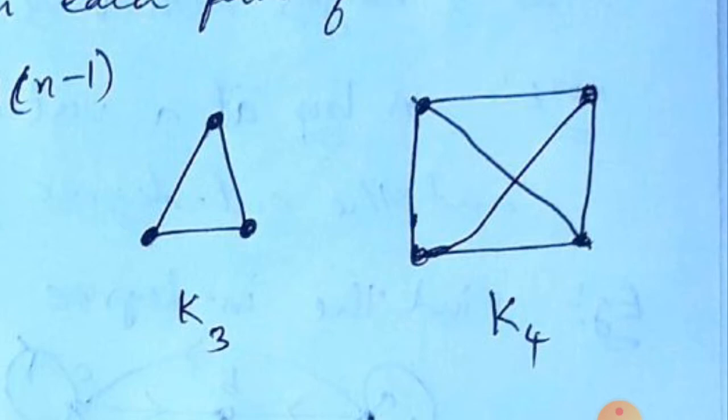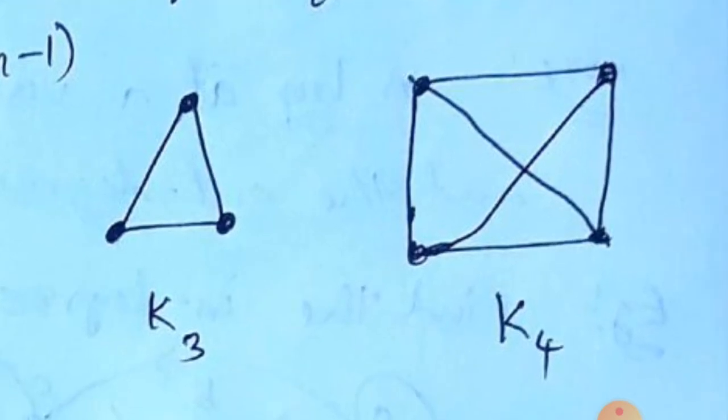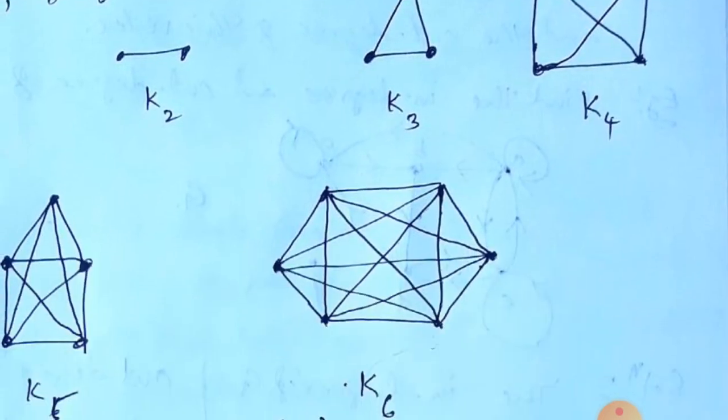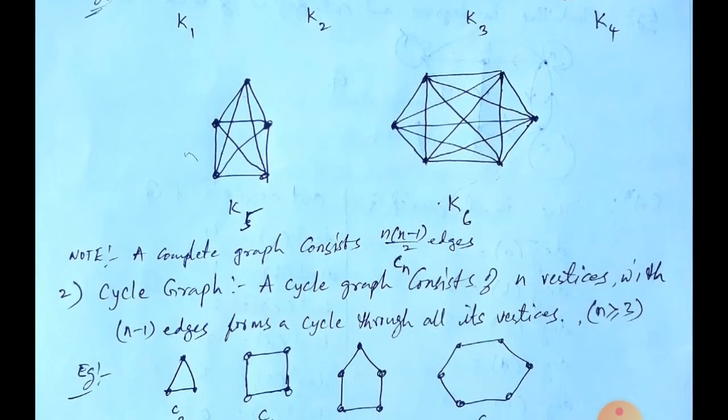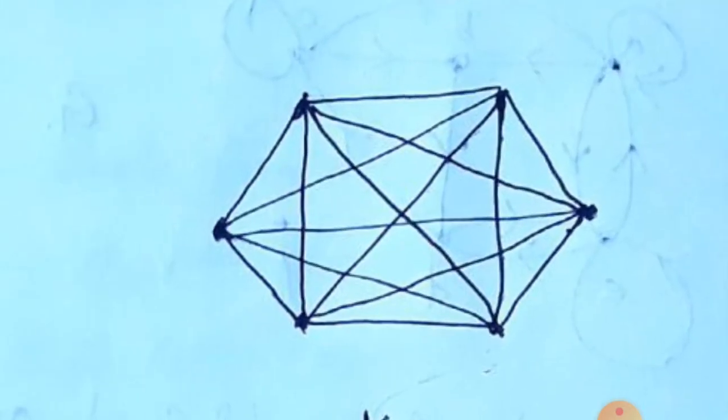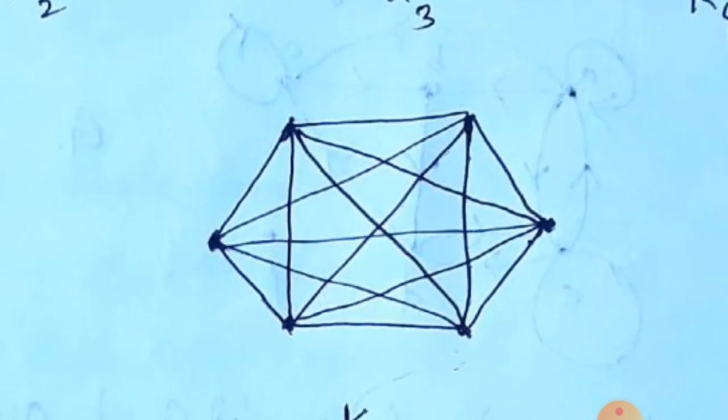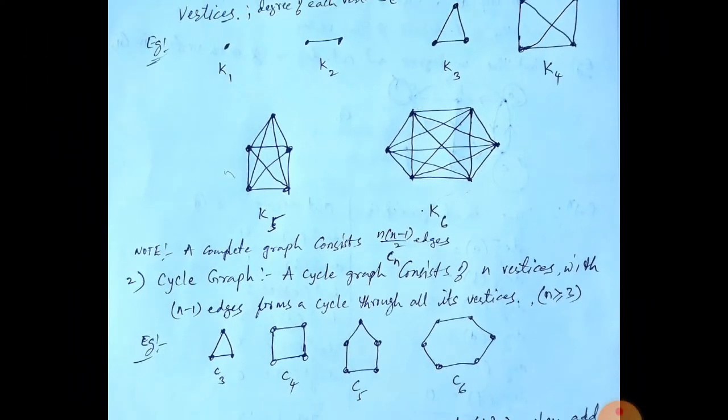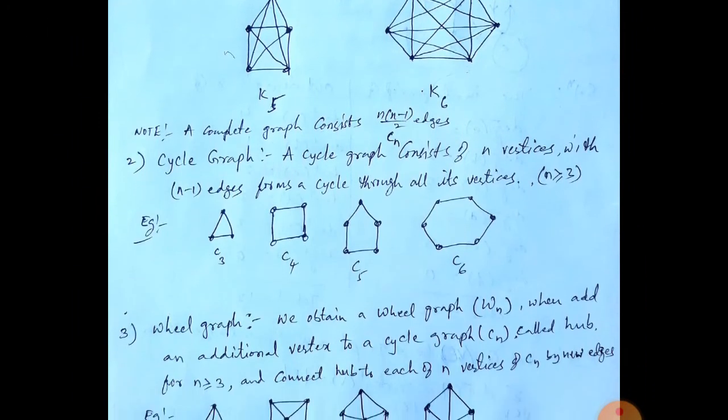So in K4, 6 edges are there. Observe n is equal to 4, 4 into (4 minus 1), that means 3, 4 into 3 by 2, that is 6. Like that you can count the edges in K6. In K6, 6 into 5 by 2, that means 3 into 5, 15 edges will be there. If you have any doubt, count all these edges. That is called a complete graph.